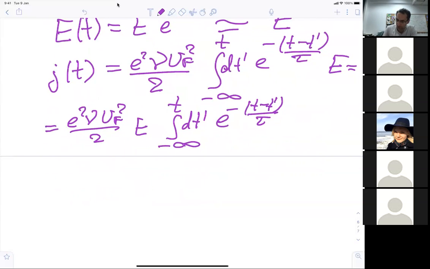Now I can shift t prime by t, that we call t minus t prime, a new variable.